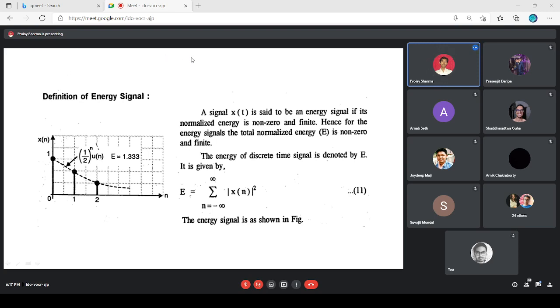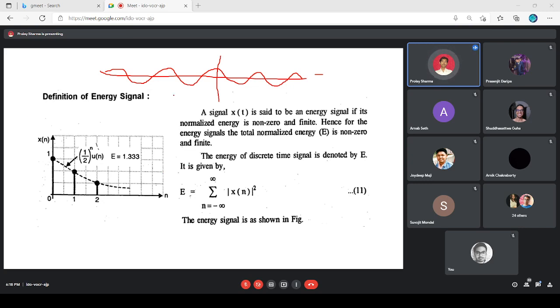Suppose the signal extends from minus infinity to plus infinity. Then there is a chance to get an infinite energy area, so that the energy content will be infinite. So an energy signal purposefully has to diminish to zero after some time.